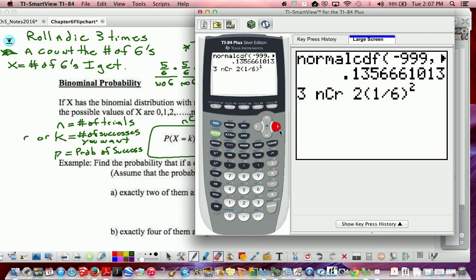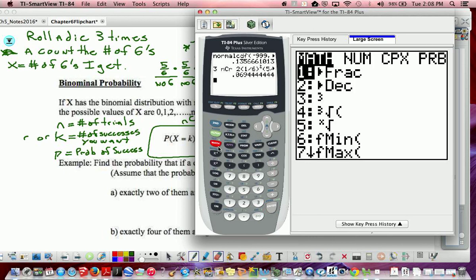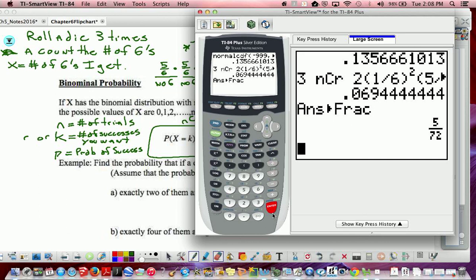And then I times it by 5 divided by 6. Do I actually have to raise it to the first power? No. So if I hit enter, of course I'm going to get a decimal, but just to show you, math, fraction, 5/72.